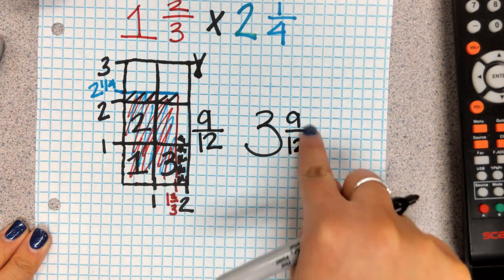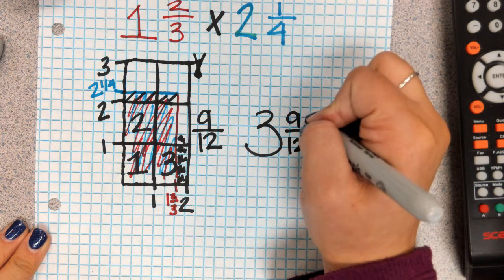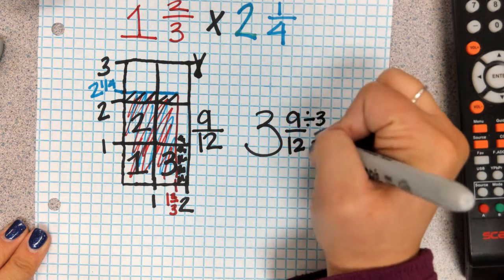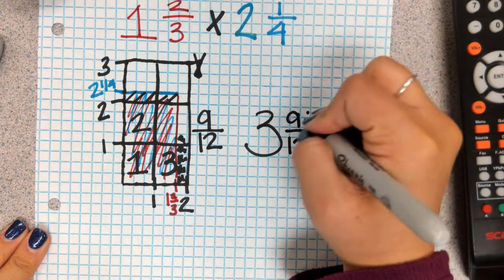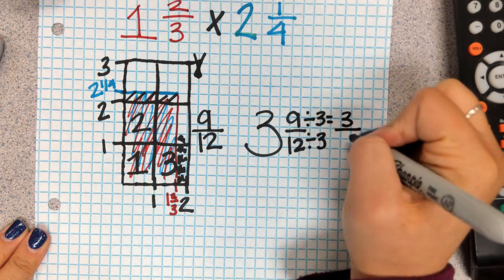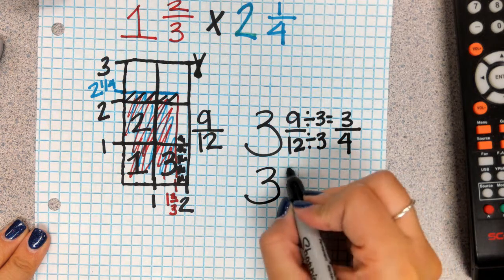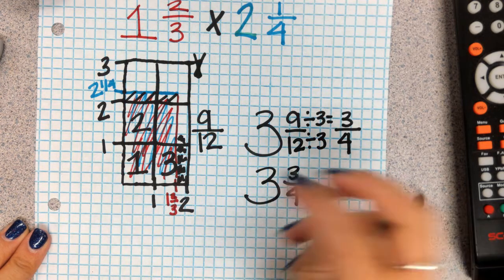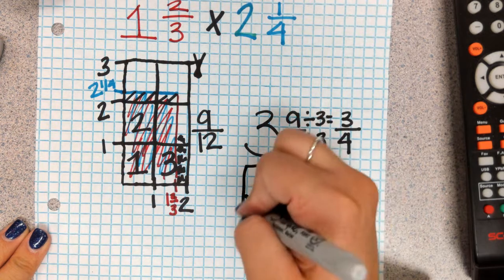I need to simplify this because it's not simplified yet. 9 and 12 both can be divided by 3. And when I do that, I would get 9 divided by 3 is 3, 12 divided by 3 is 4. So 3 wholes and 3/4 of a whole are shown in my area model. And that would be your answer.